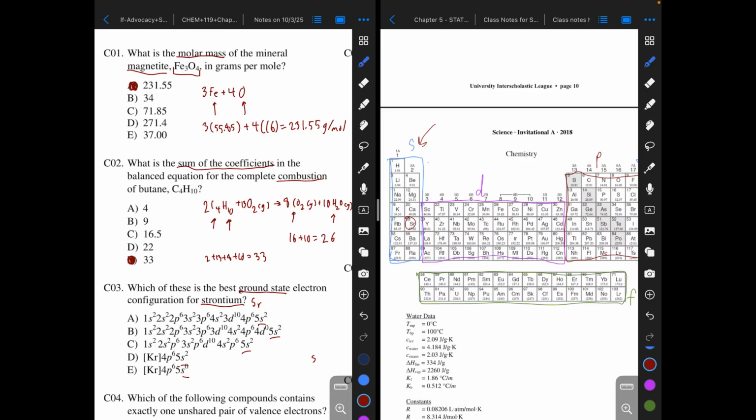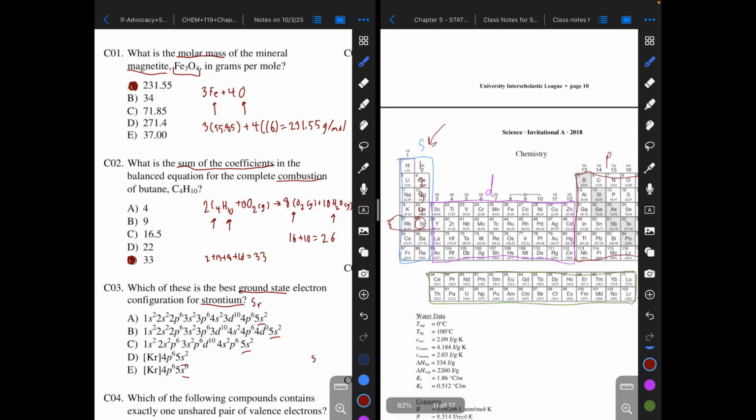In the S block and the P block, the period corresponds to the shell number. So for strontium, we'll just count by periods: 1, 2, 3, 4. Strontium is in the 5th period, or the 5th row.